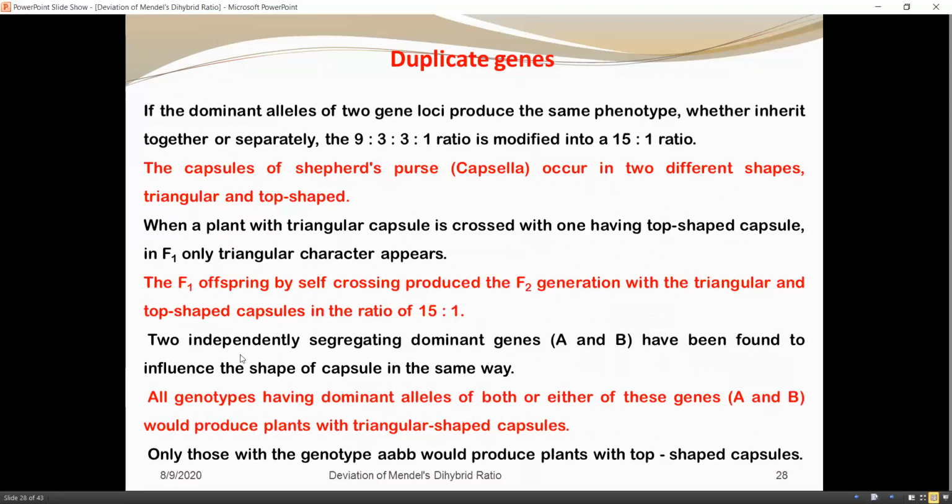Two independently segregating dominant genes, capital A or capital B, have been found to influence the shape of capsule, triangular. All genotypes having dominant alleles of both, or either of these genes would produce plants with triangular shaped capsule. Only those with the genotype small a, small b would produce plants with top shaped capsule.